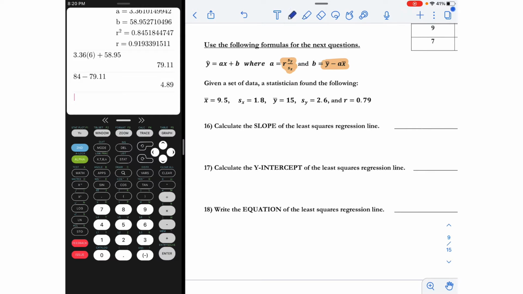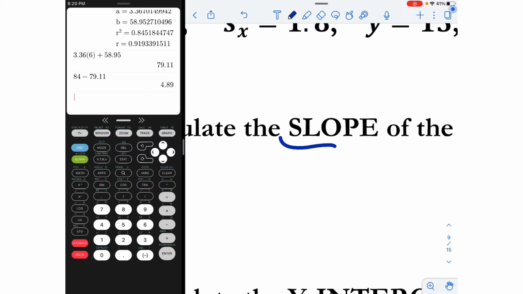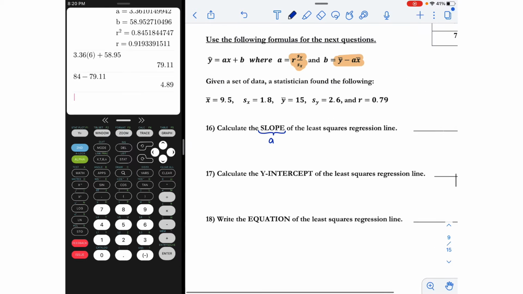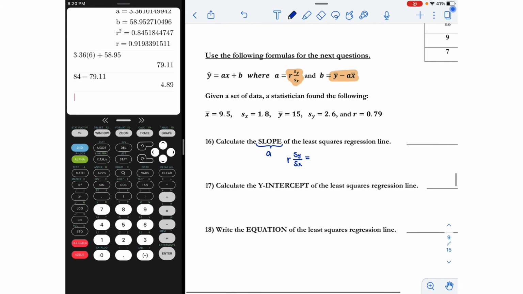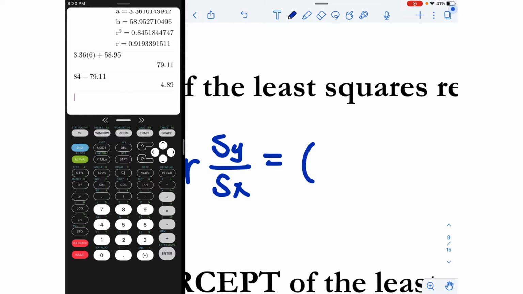So it says calculate the slope. The slope is A. So the formula for that is R times SY over SX. So R times SY over SX is, the R value is 0.79.